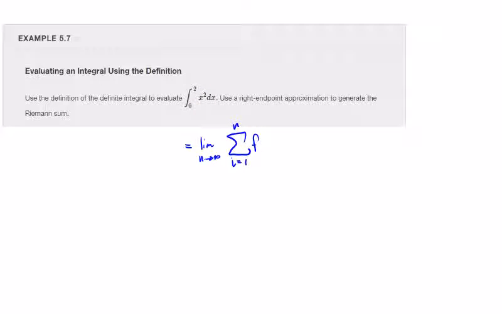And remember, the way we do this is f of x star sub I, and that star means it could be right hand or left hand, upper or lower, delta x, okay? So remember that delta x is equal to b minus a over n, right? In this case, b is 2 and a is 0. So it's 2 minus 0 over n. N is something that approaches infinity, so we're just going to leave n in there as a variable. So basically it's just 2 over n. All right, so I'm going to put 2 over n here.